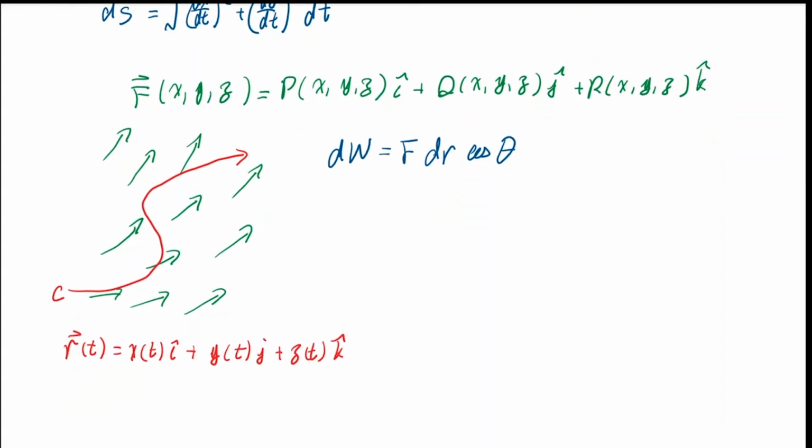Okay, I think I need to draw that diagram somewhere. Okay, let's blow this part up. That part right here. Say your displacement is going that way. This is dr vector. And then your field is going this way. This is F vector field, right?